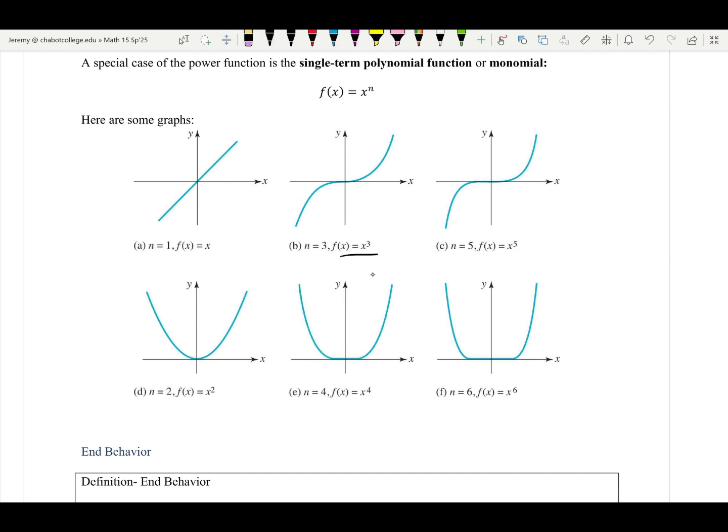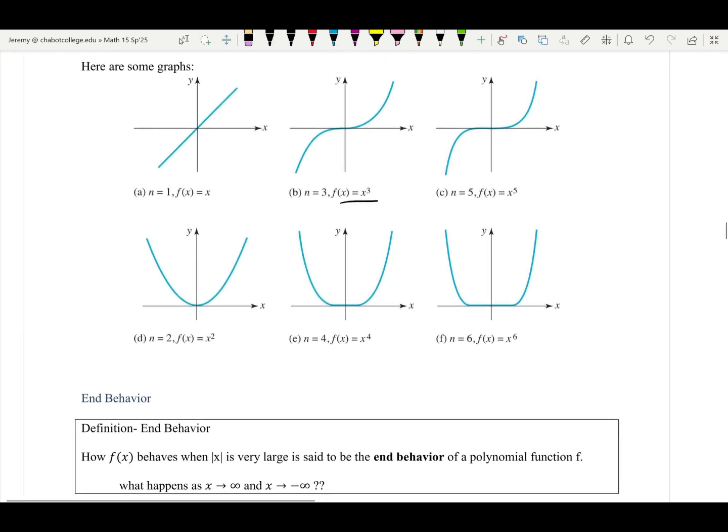And you could do a table of values for any of these functions and plug in x values and get out f of x values, and plug in numbers like -1, 0, 1, 1/2, -1/2, and look at the output values, and you'll see why the fourth degree power function is a little flatter at the bottom than the parabola is.